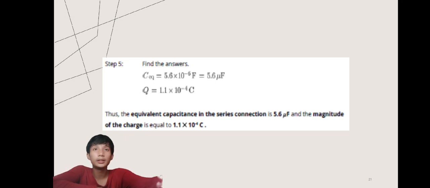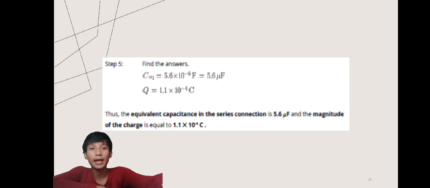Now we find the answers. The magnitude of the charge, Q, is 1.1 x 10 to the power of negative 4 C. And the equivalent capacitance is 5.6 x 10 to the power of negative 6 F.